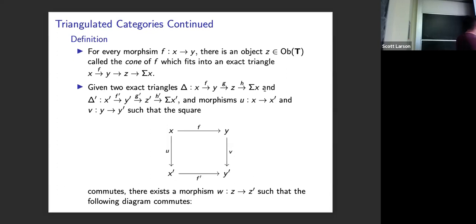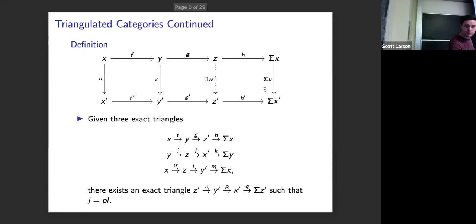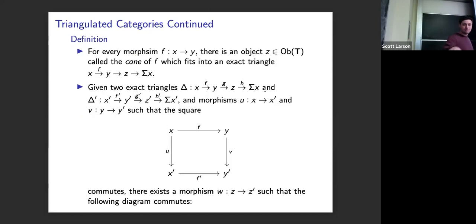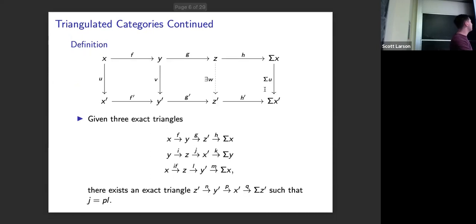And given two exact triangles and morphisms as depicted, such that this commutes, you have a morphism from the cones to each other, and that completes this commutative square.